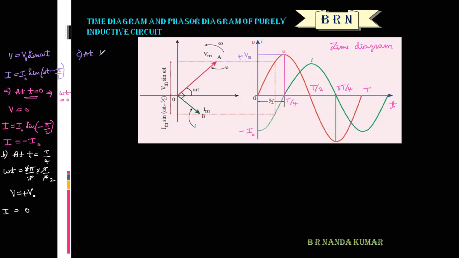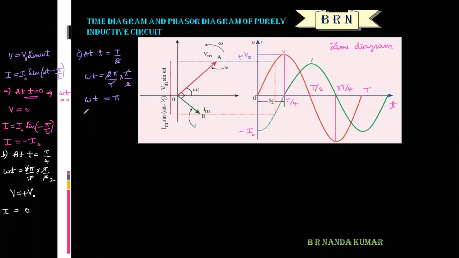And in the next phase, at time t is equal to T by 2. So omega is 2 pi by T, t is T by 2. So 2 cancels, T cancels. Omega t is equal to pi.